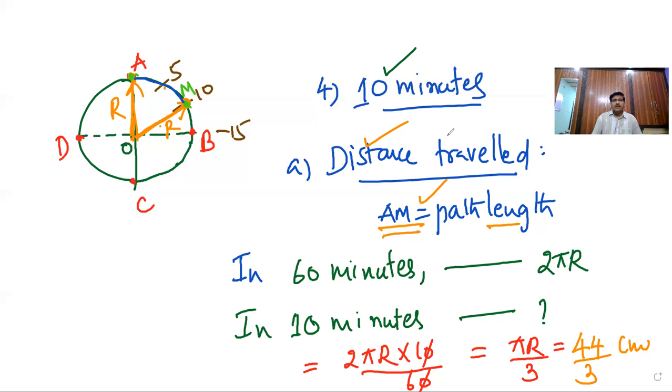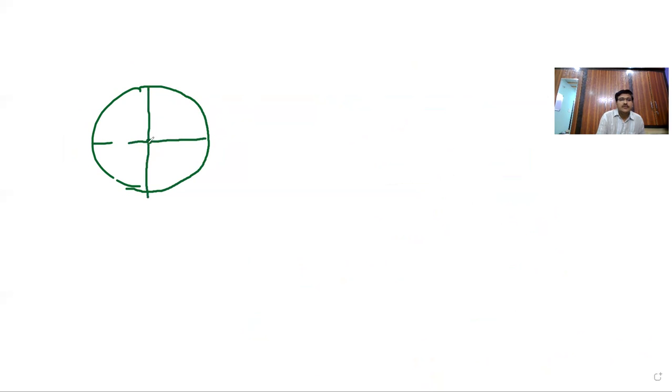Clear? Now, we require displacement. Observe. This is the circle, the complete circle. Here I am dividing it into quarters. Four quarters. O is the center. Let us say this is A, the initial position.